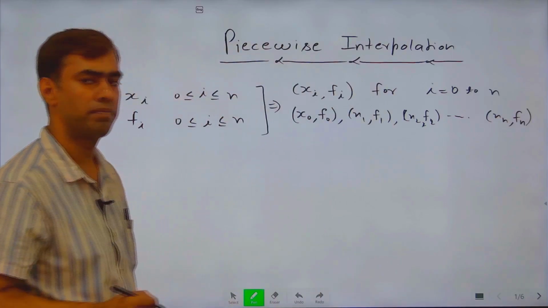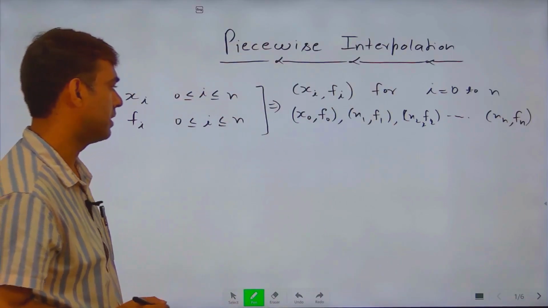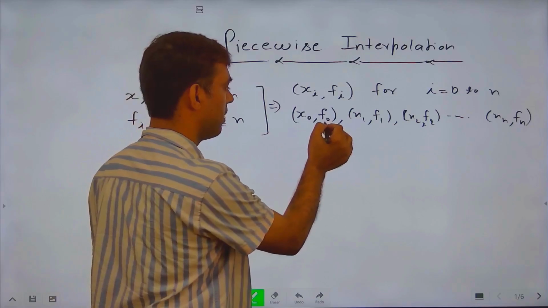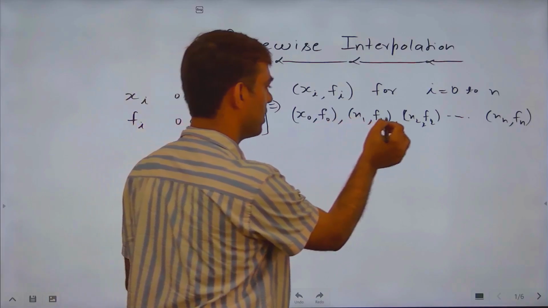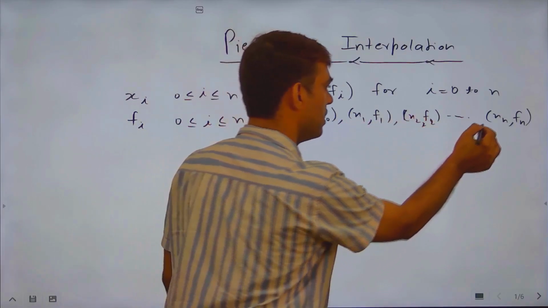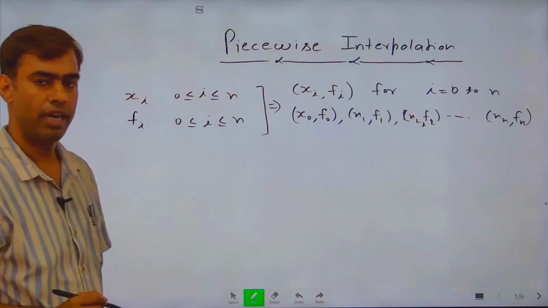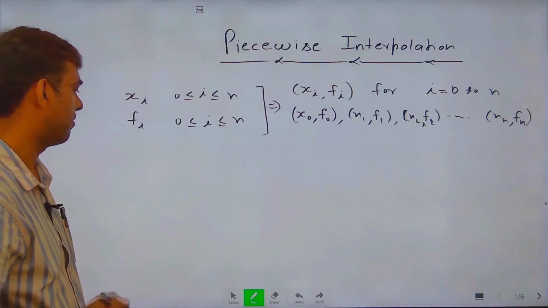So corresponding to x0 the value of the function is f0, corresponding to x1 the value is f1, and similarly at xn the value of the function is fn.